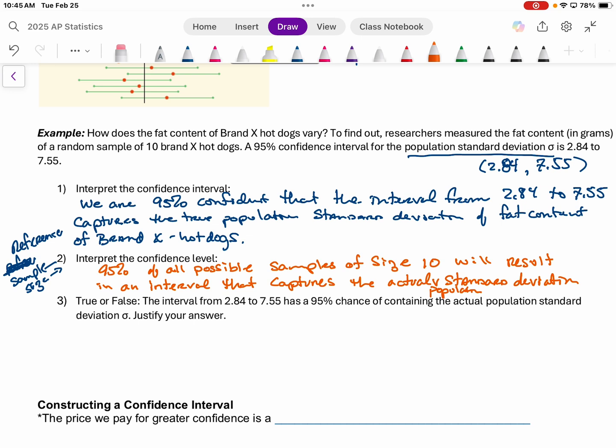Again, confidence level. We always reference back to this. If we repeat many samples of this size, 95% of them will capture it. Okay. You'll hear me fluctuate between the words contain and captures when I write those statements. Either one's fine.